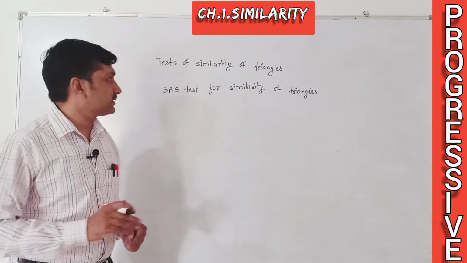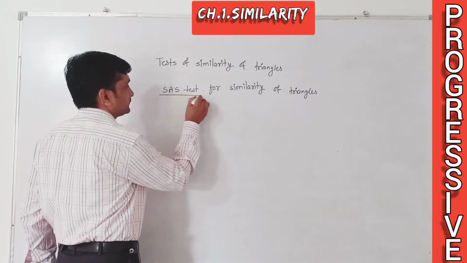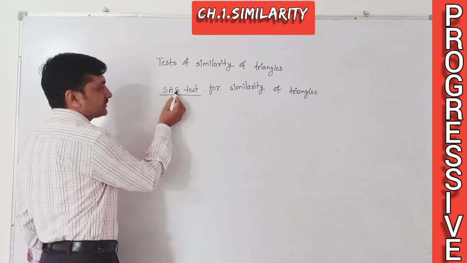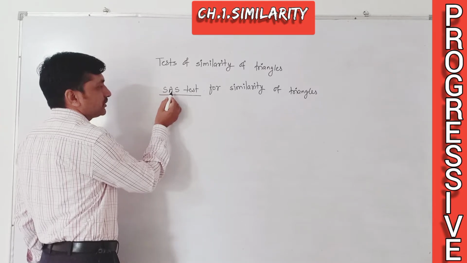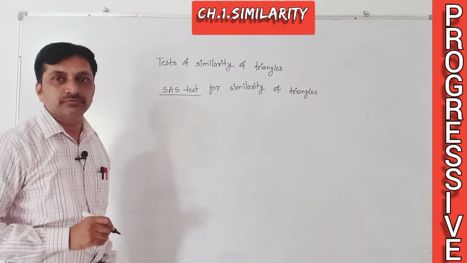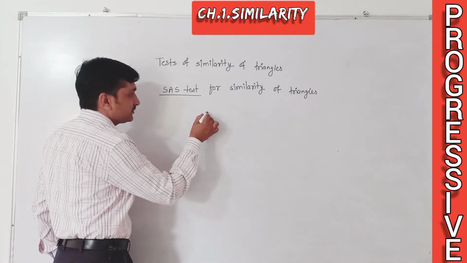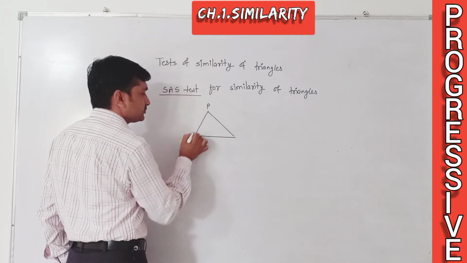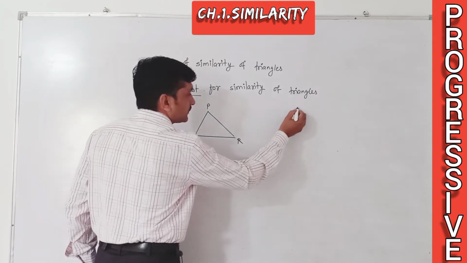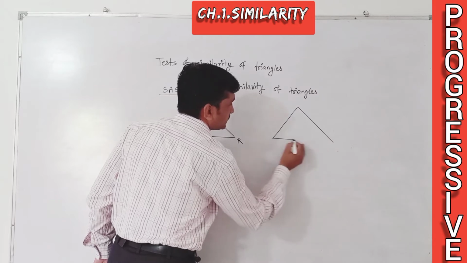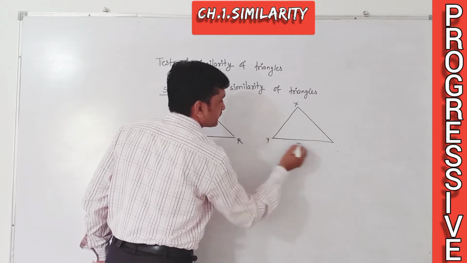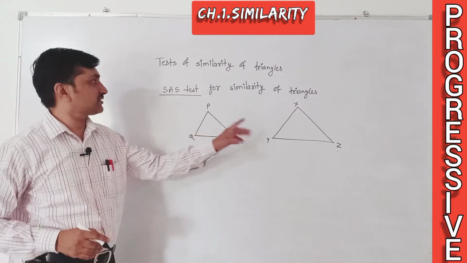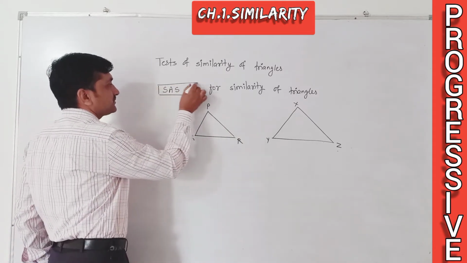Dear friends, the second test is SAS. For SAS you see here are two corresponding sides and one included angle. With the figure I will explain. One triangle I change its name, now I take PQR, and the second triangle I write XYZ. These are two triangles PQR and XYZ, and the test is SAS.